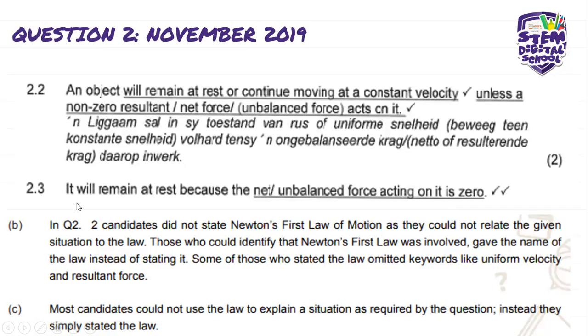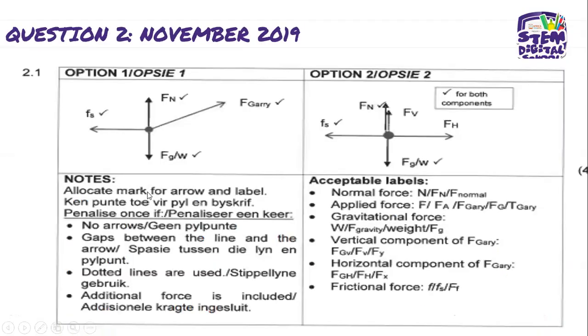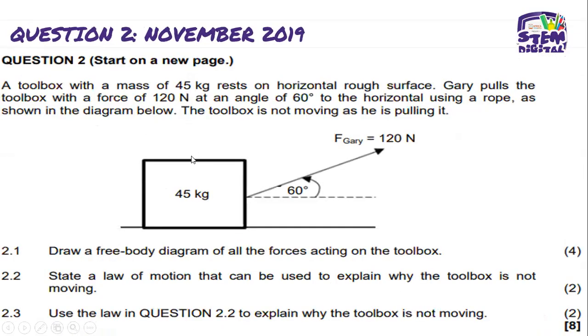So most learners really could not do that. And the reason some of the learners will not be able to do that is because you do not analyze the scenario first. You must be able to analyze the scenario first and pick up on words that give you meaning. For example, the horizontal rough surface, the rough that tells you that there is frictional force. So you need to be able to do that, analyze what is happening.